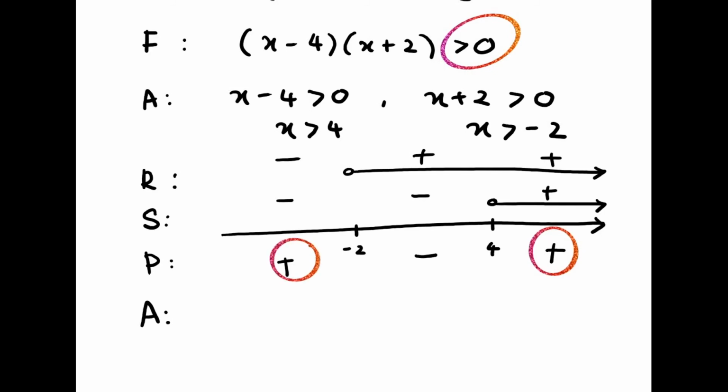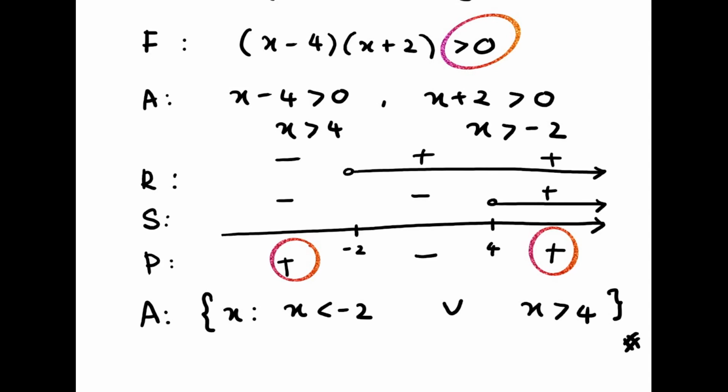So your final answer would be x less than -2, and then x is greater than 4. Since the question wants you to write down in the form of solution set, so just complete your solution set, then that will be your final answer.